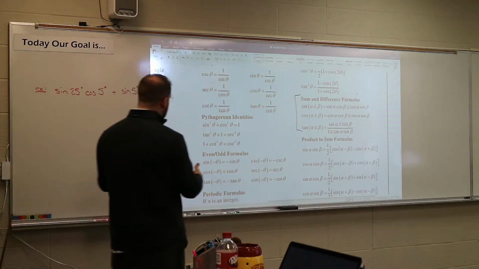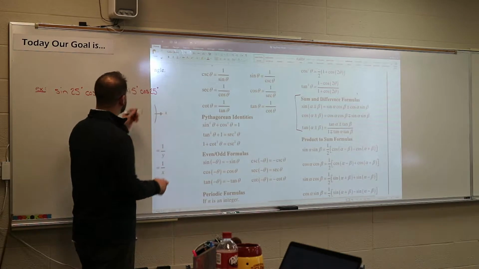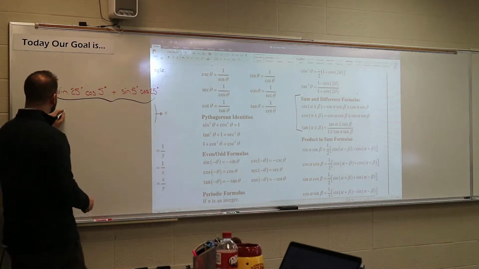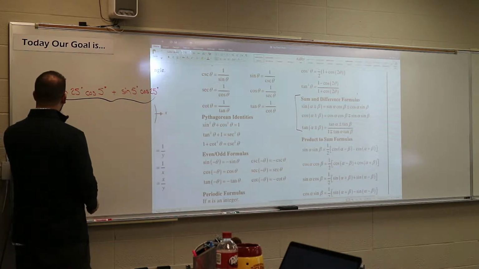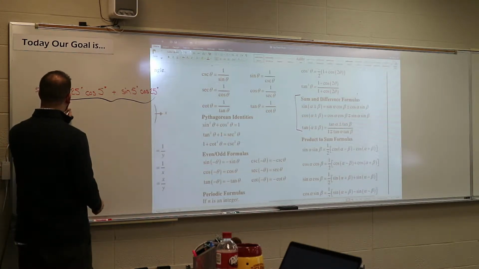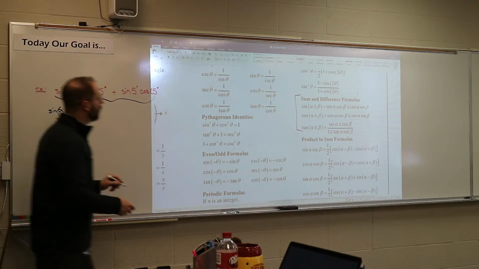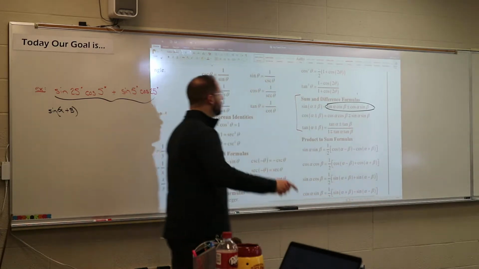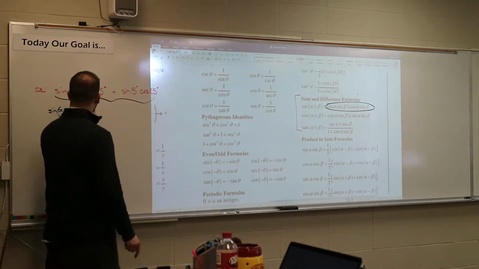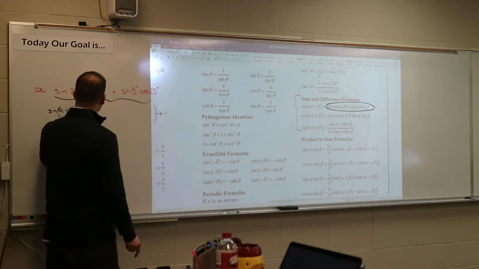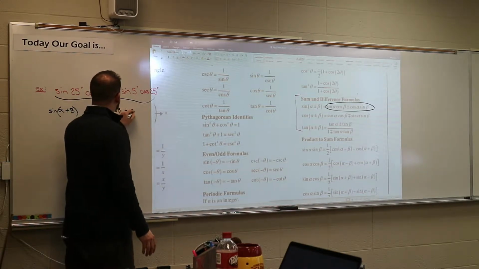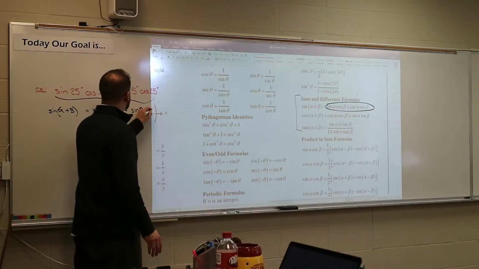So if you're at this point, what you can do is, if you recognize it, this formula is the sine formula. It's sine of the first angle plus the second angle. If you can't recognize the formula, it's actually written right here. It's doing sine of the first angle, cosine of the second, plus sine of the second, cosine of the first.